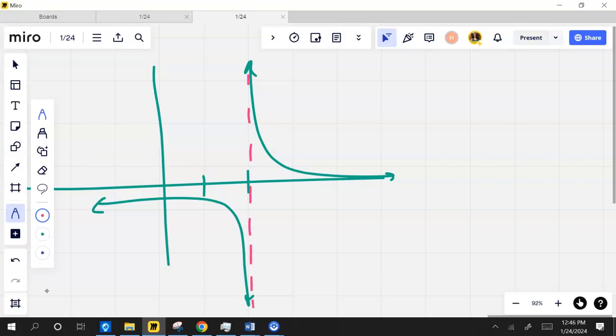It's split, so you have to do a U. That's exactly right. So my domain goes from negative infinity up to what before it breaks? 2. Can it be 2? No, that's an asymptote there, right? So I do a parenthesis, and this is where I hit it with a U to say I need another piece to go with this. And I pick back up at 2, and then it goes on until what? Infinity.